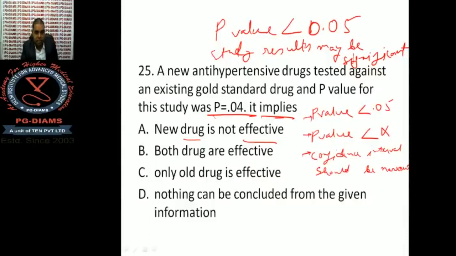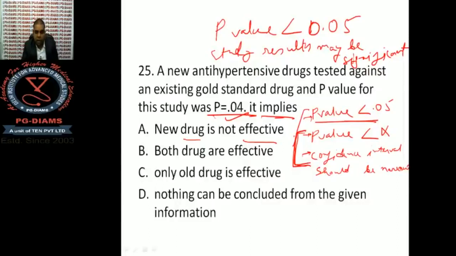In this case, the p-value is less than 0.05, but the other two conditions are not fulfilled. If these are not fulfilled, you cannot say that my drug is more effective than the existing drug. If all three conditions had been fulfilled, then the new drug is more effective than the older drug.